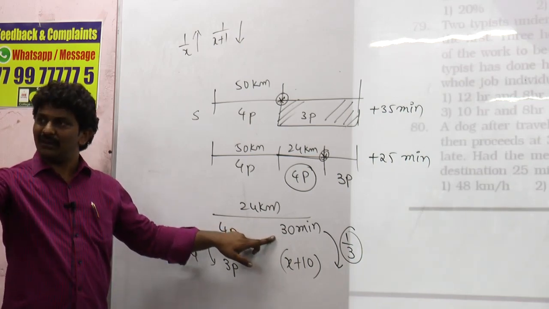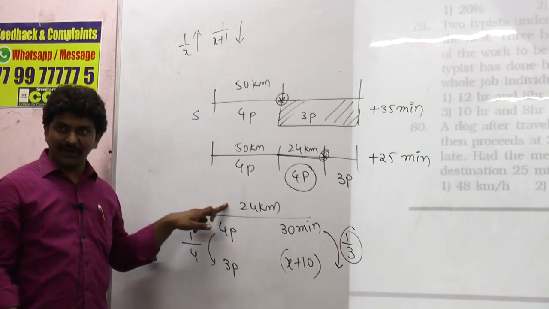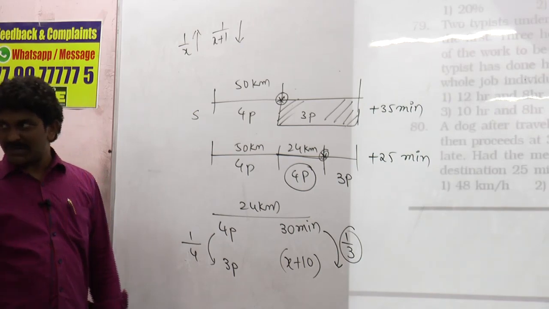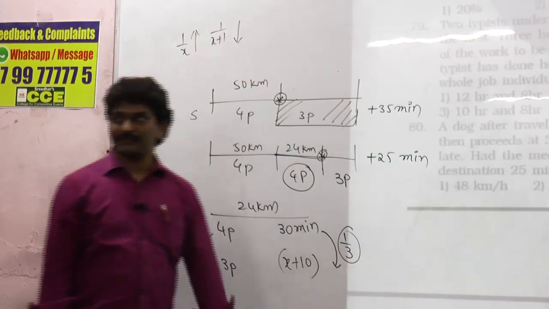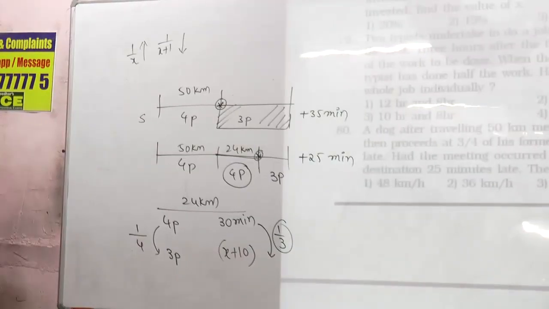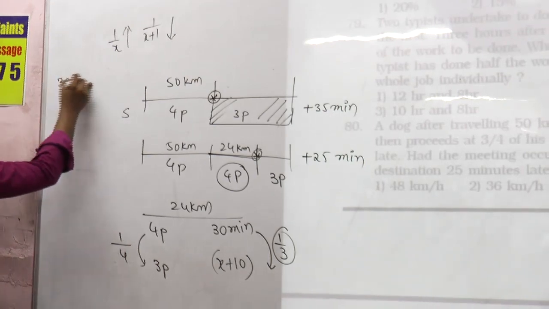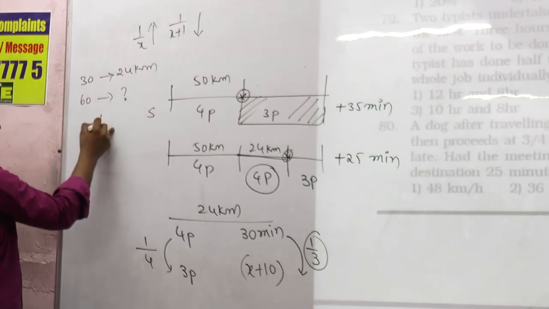In 1 hour he can cover 48 kilometers. He asked about original speed in terms of kilometer per hour, 48 kilometer per hour. In 30 minutes, if he can cover 24 kilometers, in 60 minutes he can cover 48 kilometers.